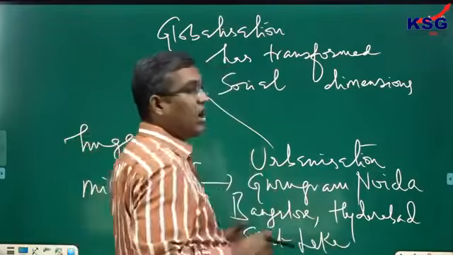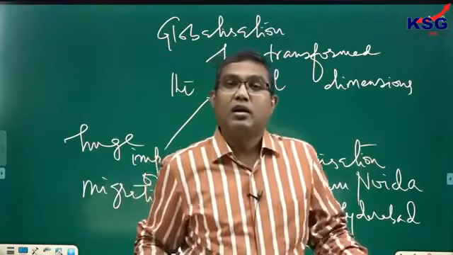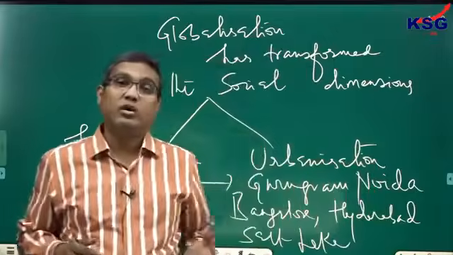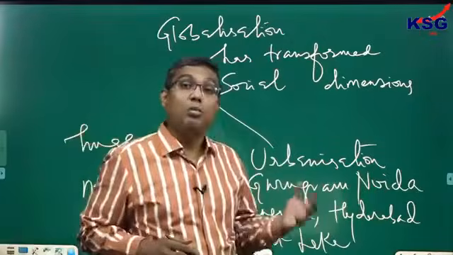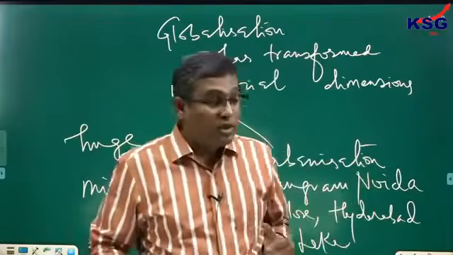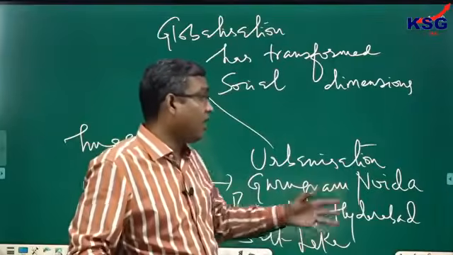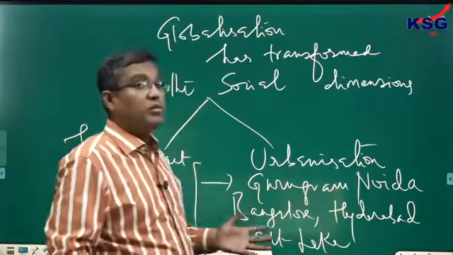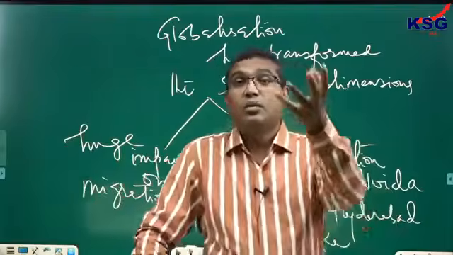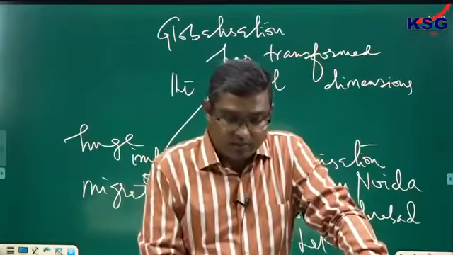These new towns are the outcomes of globalization in India. Earlier, what were the major cities in India? Bombay, Delhi, Calcutta, Madras. But today, instead of this, people are moving to Bangalore, Hyderabad, Salt Lake, Greater Noida, Gurugram. These new centers have come up. So, these are the product of globalization that you are witnessing, right?